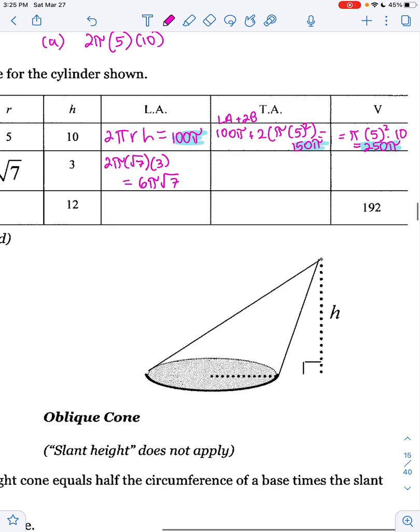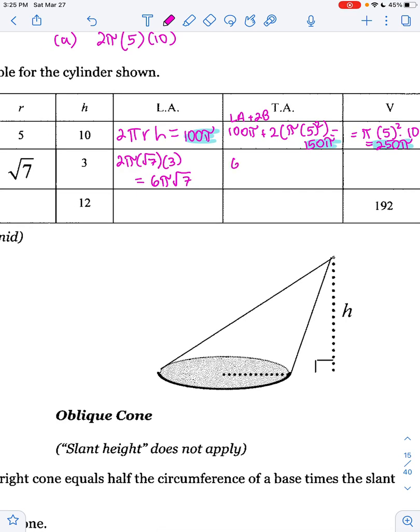And then for total area, if we think about it, it's the area of the sides, which is my lateral area, plus the area of two bases, which happen to be circles. So pi, and then r squared happens to be radical 7 quantity squared. We should just square the radical 7.